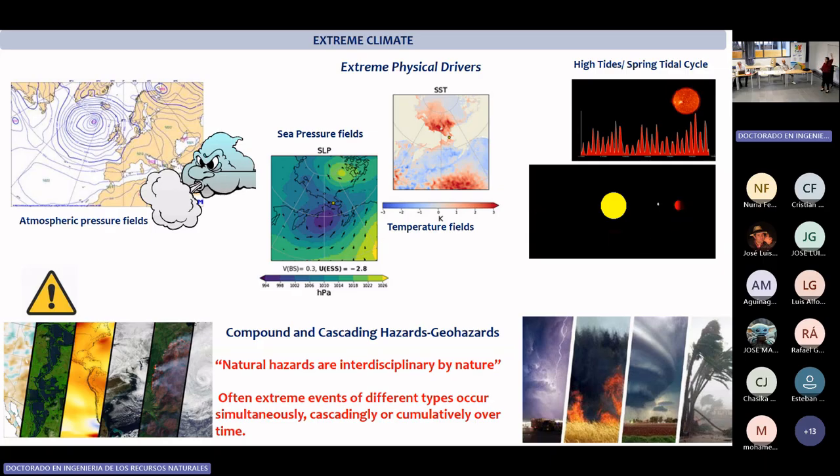When we have heat waves in the US or Canada, we have storms and cold in Europe, and we can have many other examples. I will present a very recent example from July 2021, which occurred in Canada, the US, and North Africa.